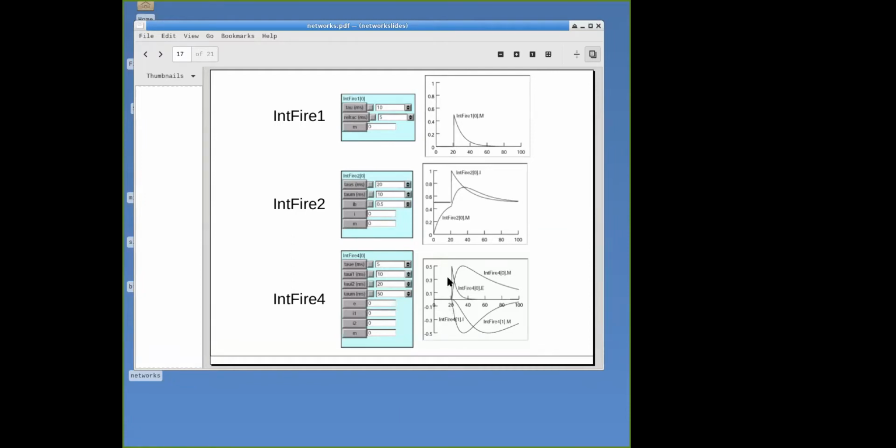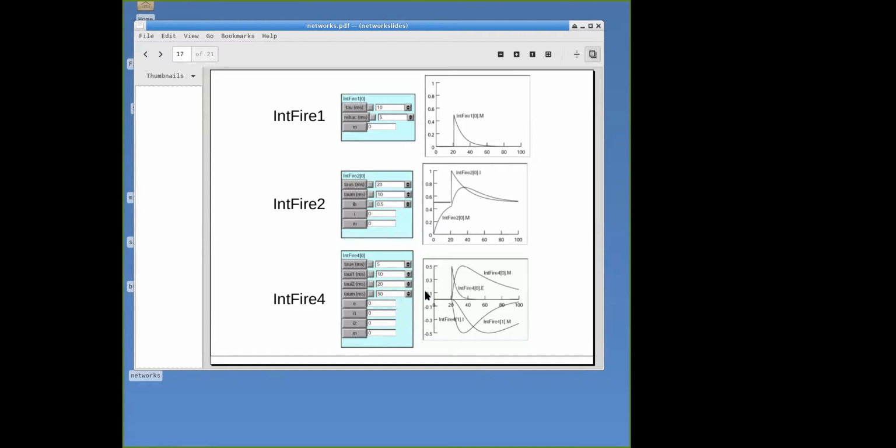One of them is a mono-exponentially decaying excitatory current, which drives M in a positive direction, and it has its own time course. You'll see here it has a tau E, which I set to 5 milliseconds. That's the rate at which it decays.